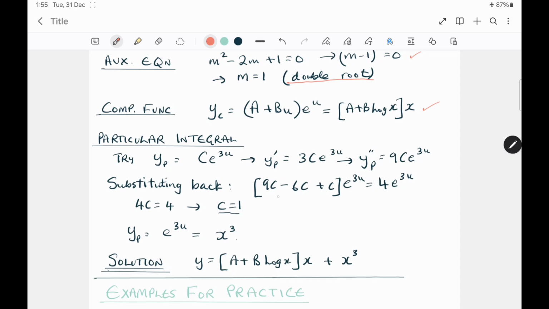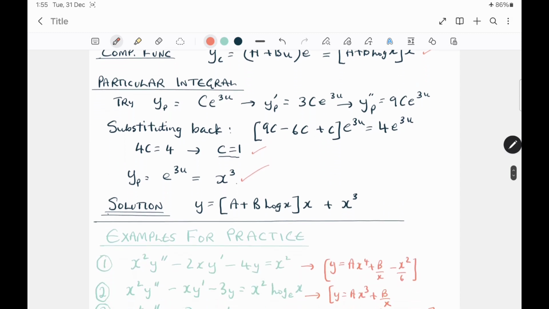And then substituting back, we quite easily get 9c minus 6c plus c all times e to the power 3u equals 4e to the 3u, which of course will easily give us 4c equals 4 and c equals 1. And so y p will just be e to the power 3u, which, going back to the old variable, is x cubed. Okay, and so our final solution will be y equals bracket a plus b log x times x plus the cube of x.